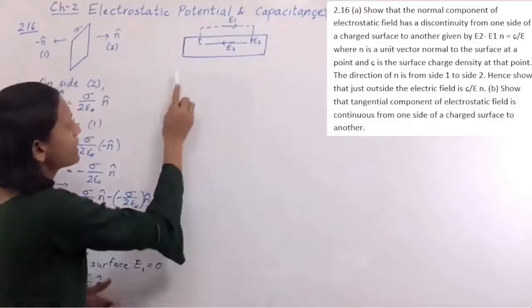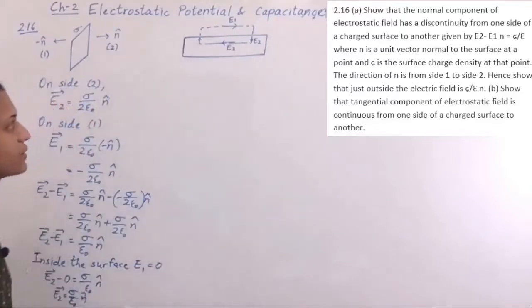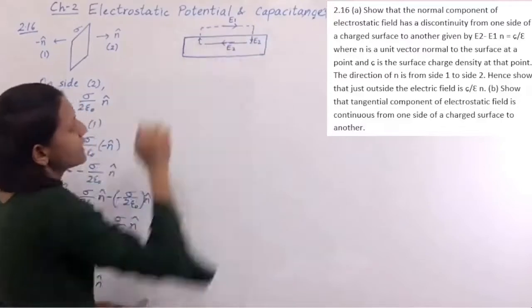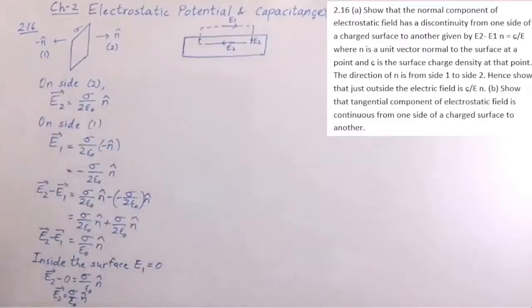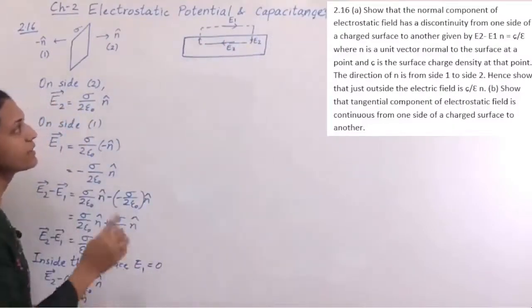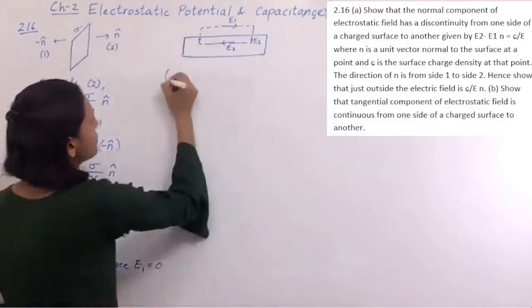See, for that we will be taking a Gaussian surface, okay, and over that we will be taking a loop which has been shown by the dotted lines, and over that we will be finding out the total work done or integration. And over that closed loop, the line integration of electric field will be 0.